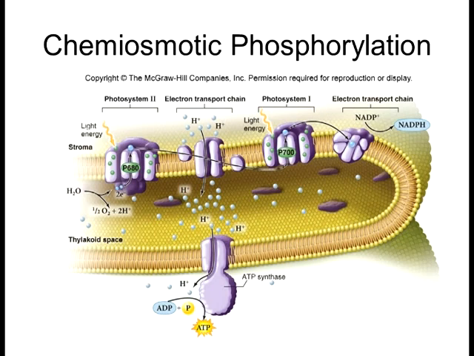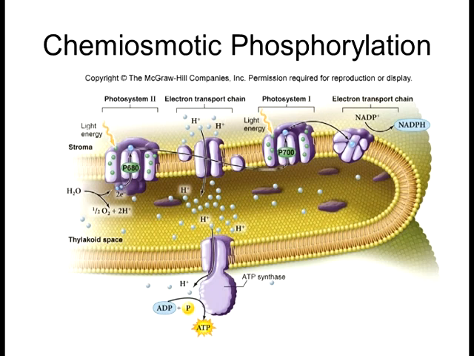Facilitated diffusion. So here we have active transport that requires energy. Here we have facilitated diffusion that occurs naturally, just from a high to a low. Well, remember we said that movement is kinetic energy. So when these hydrogen ions are moving through this protein, that kinetic energy is used to covalently bond this phosphate to the used up version of it, which is ADP, and that's how ATP is made.